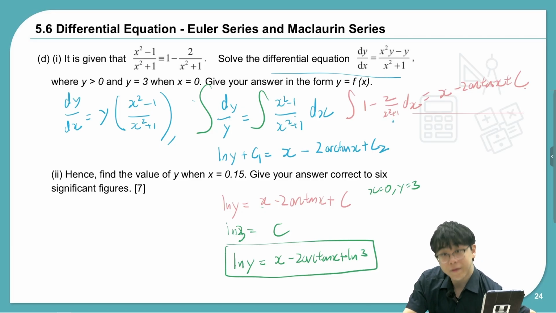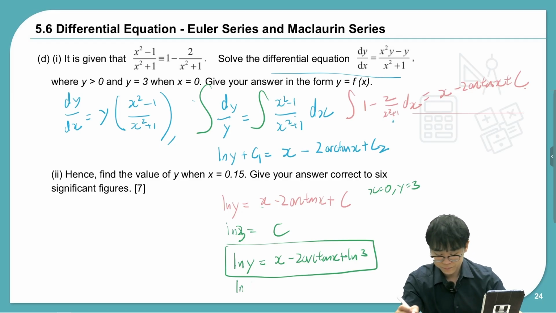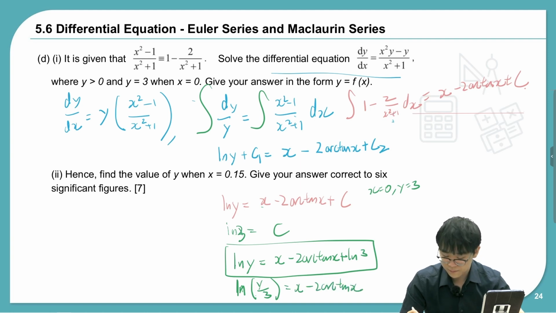And we're trying to find the function for y. So if you want to do that, we could subtract ln 3 on both sides. So we get ln y minus ln 3, or we could simplify that into ln y over 3. So we could say ln of y over 3 is equal to x minus 2 arc tangent x.